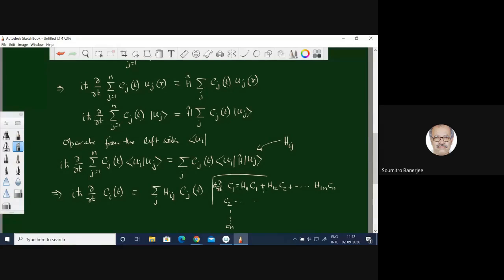So it is a differential equation, and these elements have to be found by this method, by looking at what we are choosing as the basis. If we choose the energy basis, then by the theorem that I just proved, this becomes a diagonal matrix with the energy eigenvalues as the diagonal elements.